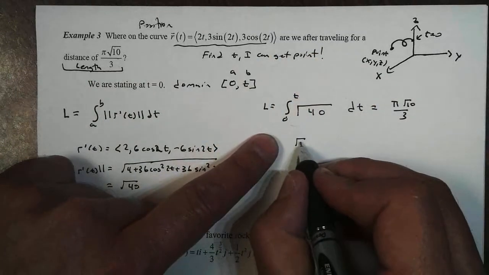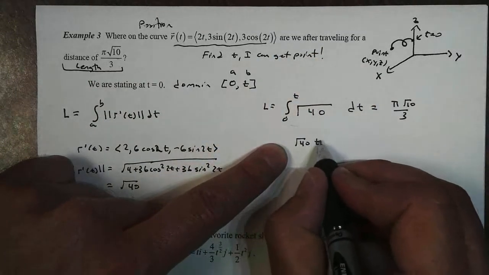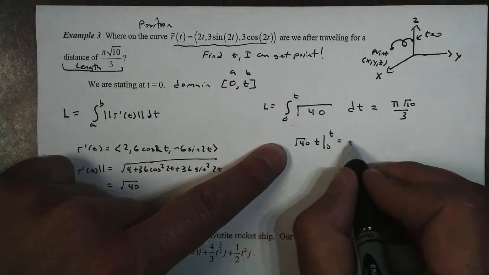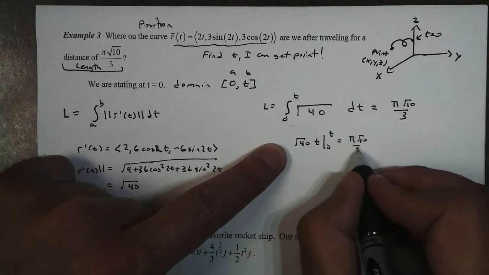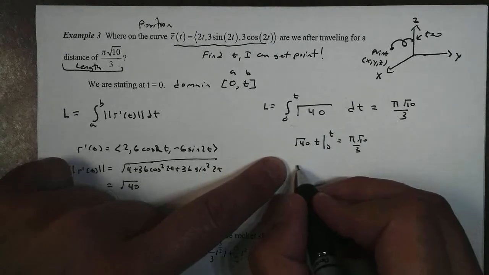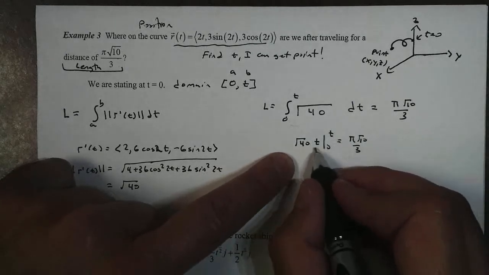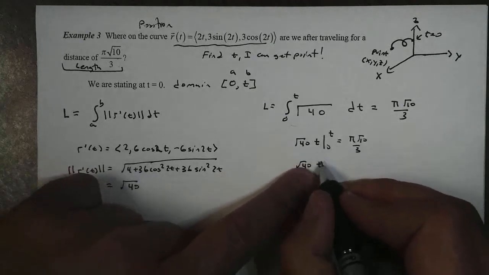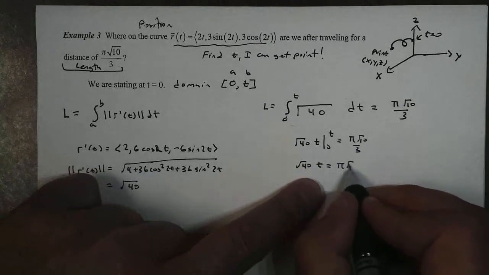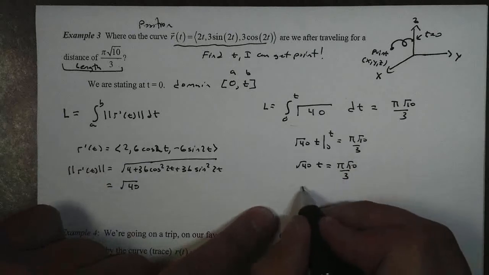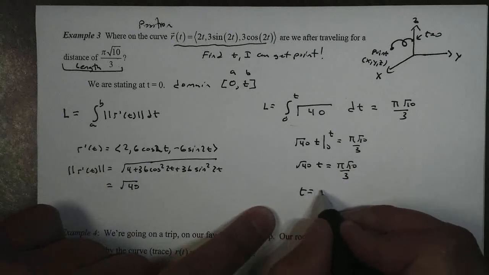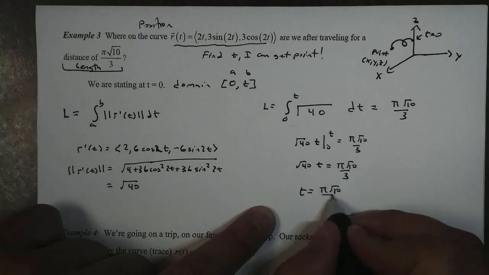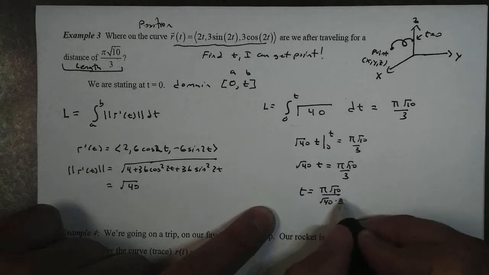If I integrate here, we get the integral of square root of 40 dt from 0 to t equals pi root 10 over 3. Using our fundamental theorem, this is just root 40 times t. The 0 doesn't matter, and that's going to equal pi root 10 over 3. And I can divide. T equals pi root 10 over root 40 times 3.